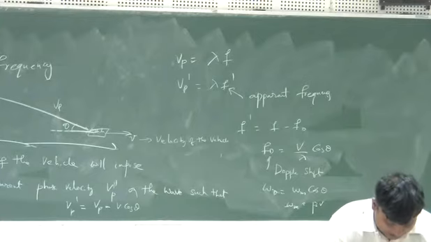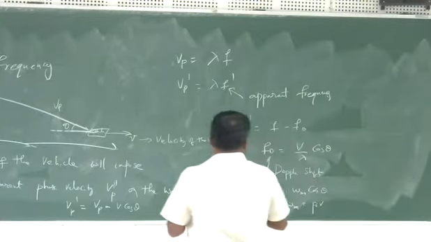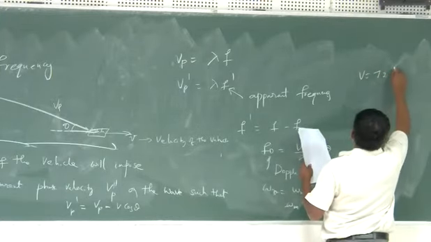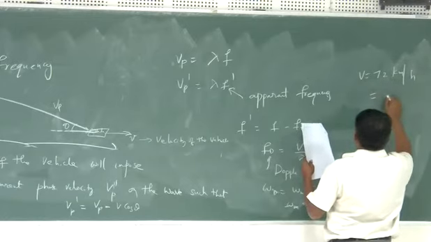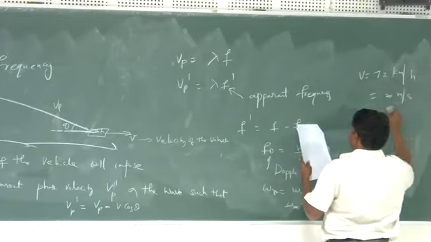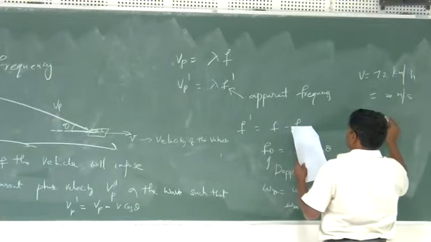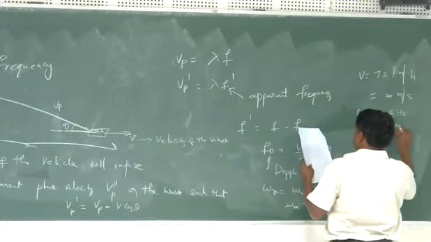Let's make some calculation. Let's take a vehicle moving really fast. V is equal to 72 kilometers per hour, that is equivalent to 20 meters per second. F equal to 1 gigahertz. So lambda would be 0.3 meters.